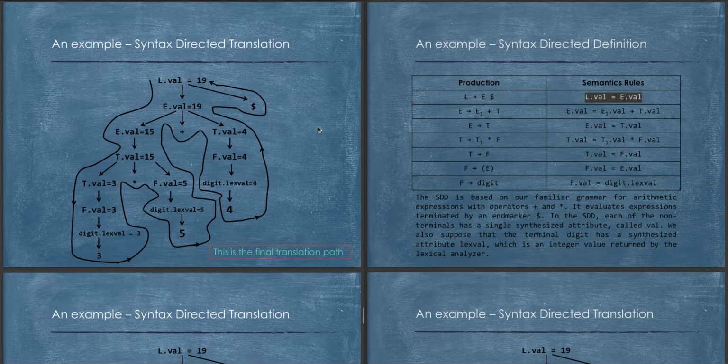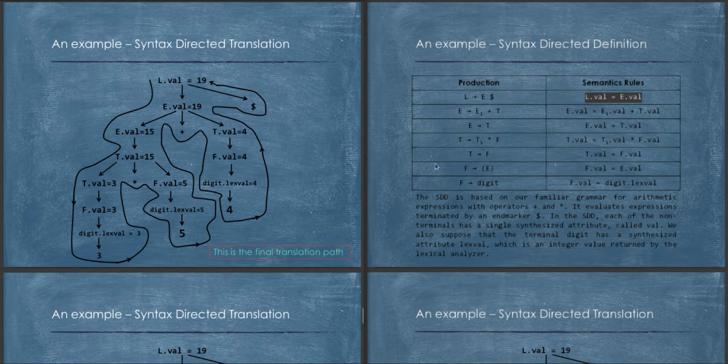So this is the whole traversal path and the stops that we have made. Remember, we have only applied a rule when we have seen it all, when we are on the right side of it. So we can apply this L dot val equals 19 when we are on the right side of it, not on the left side. So this is my final translation path.